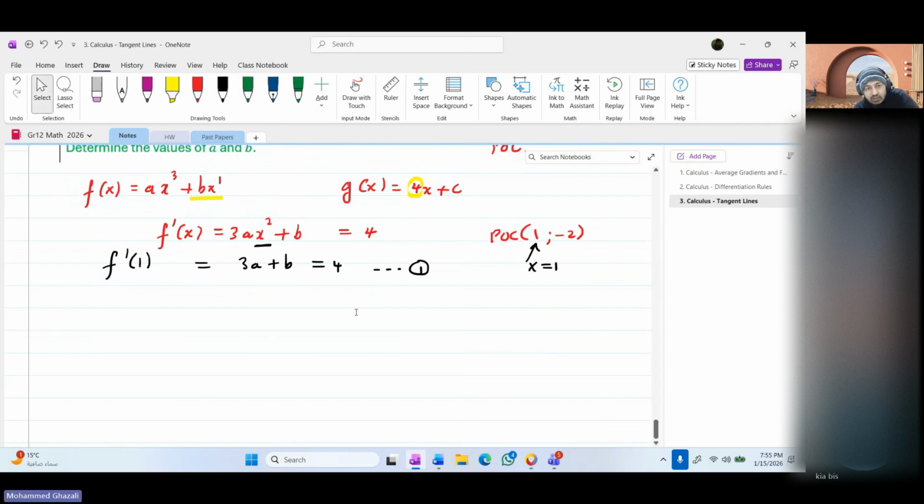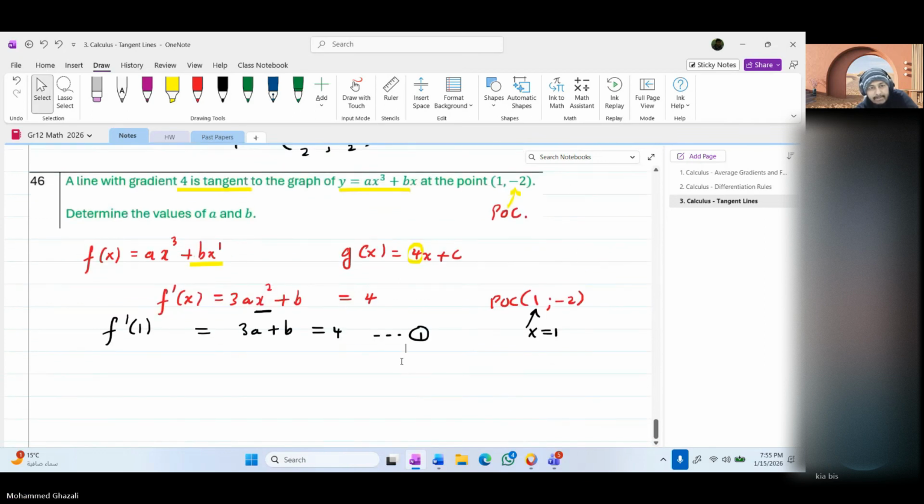Now the second equation we need to set up, how are we going to get the second equation? You can't substitute into f of x.